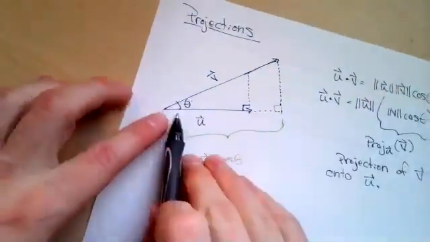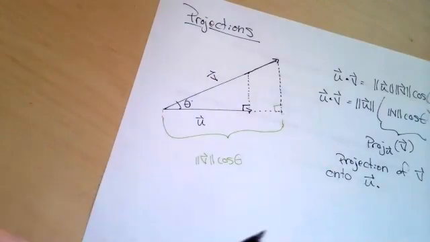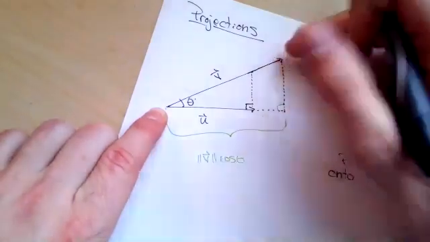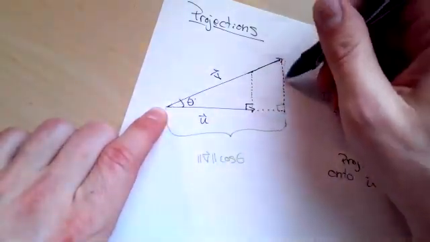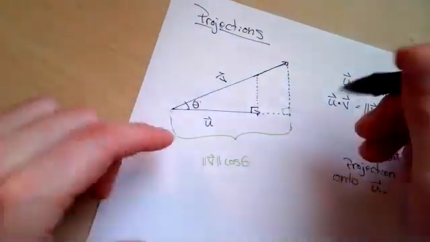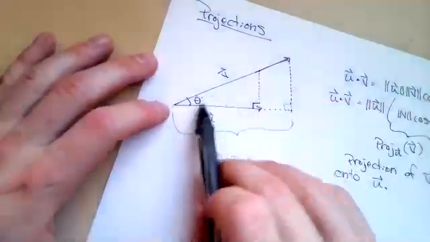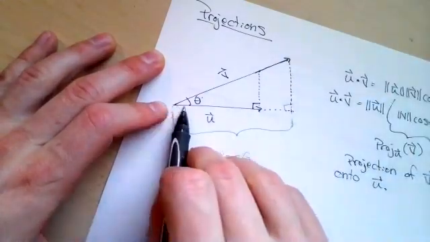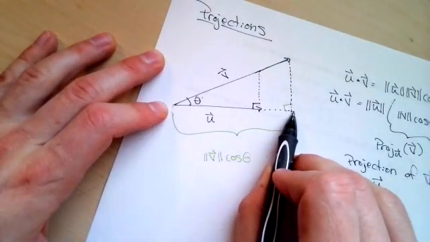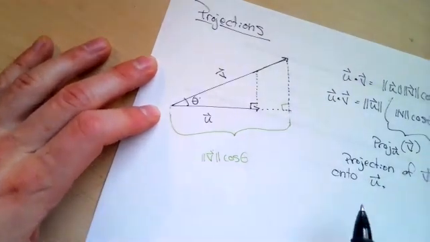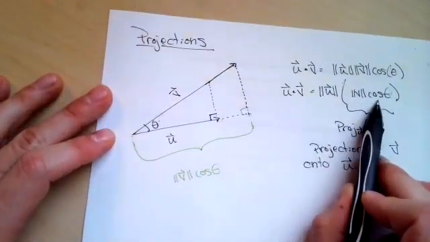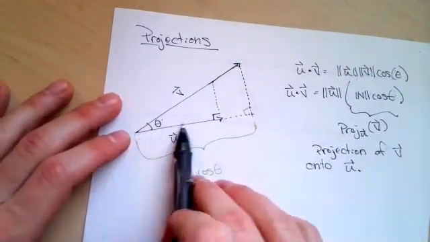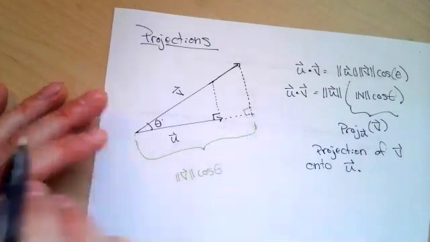We're saying if we use u as a point of reference, as our line of reference, then if I were to project v onto u, and when we project, we mean orthogonally project, we want the component of v, in some sense, that is pointing in the direction of u. Then we would simply have to take v cosine of theta, and then of course we might want to tag along a notion of the direction.